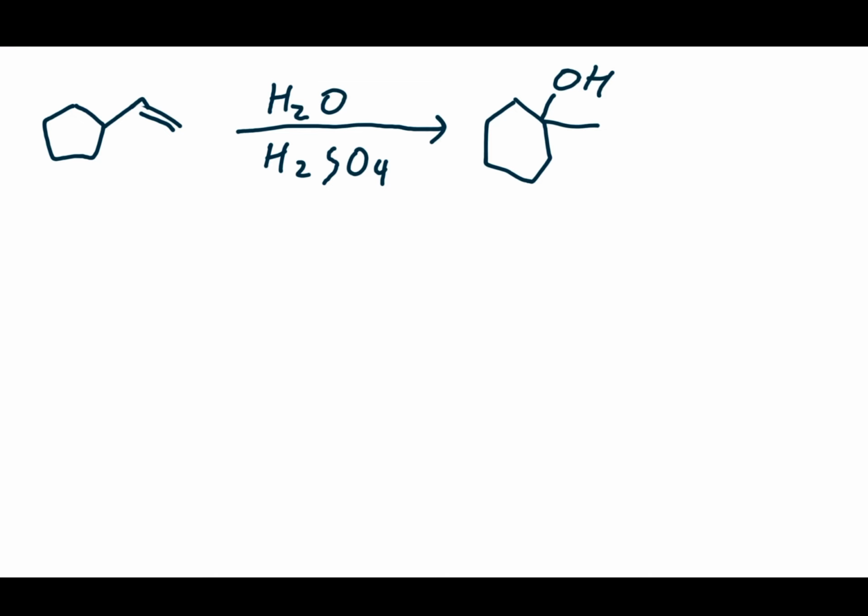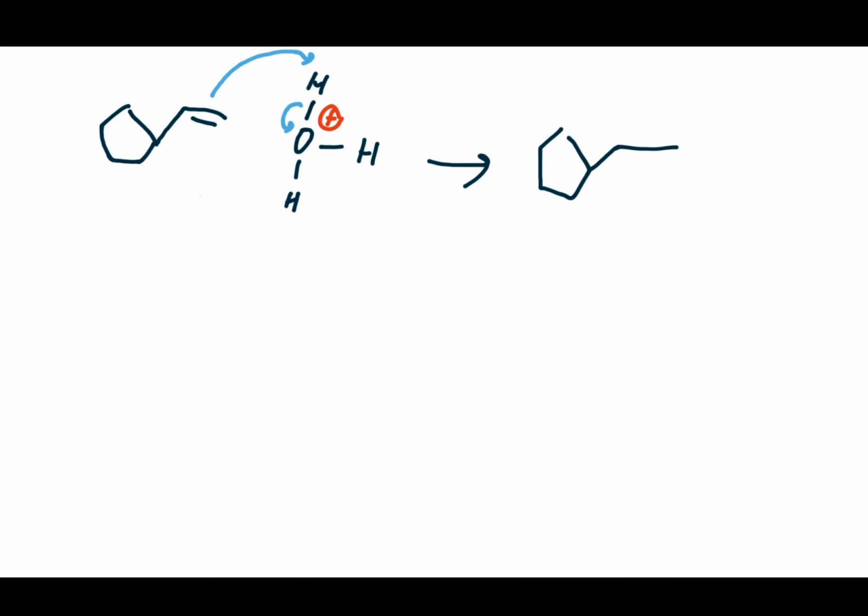Okay, here we go. So the right answer goes like this. I'm just going to write it out and show you, and then I'll explain it after. We have a ring expansion.